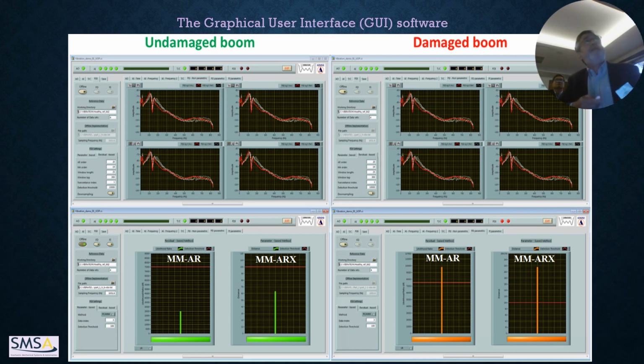So it is collecting signals and analyzing the signals here in the frequency domain. We have an undamaged boom over here. And here it tells you in green that everything is fine. The structure is healthy, no problem. You can go on. And in this case, there is a damage and it becomes orange.